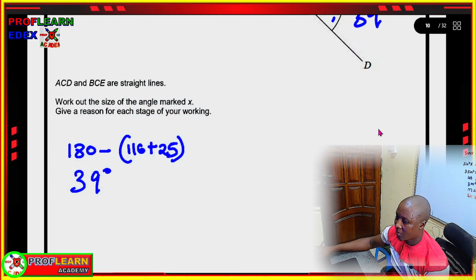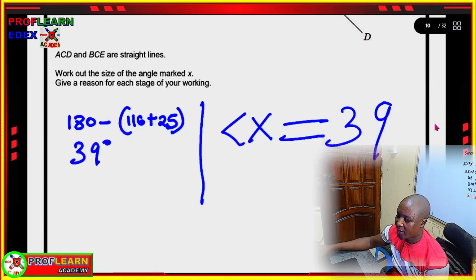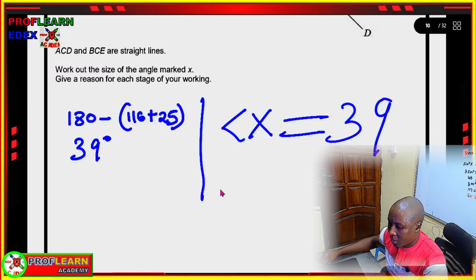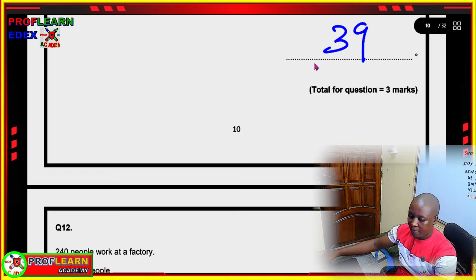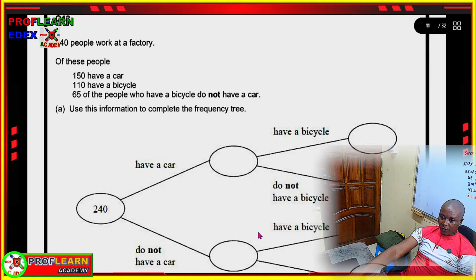Angle X is going to be 39 as well, vertically opposite angles.